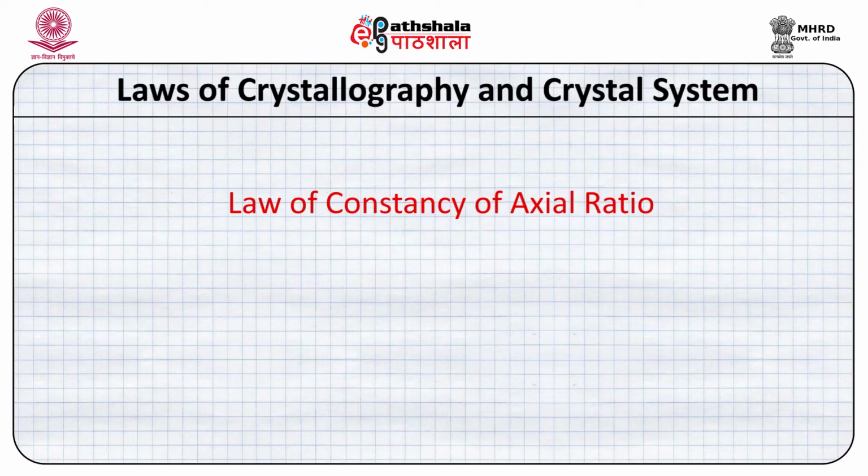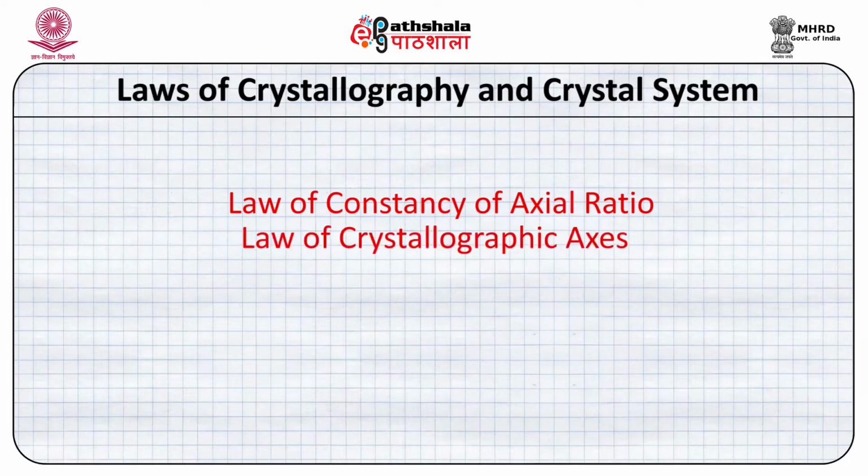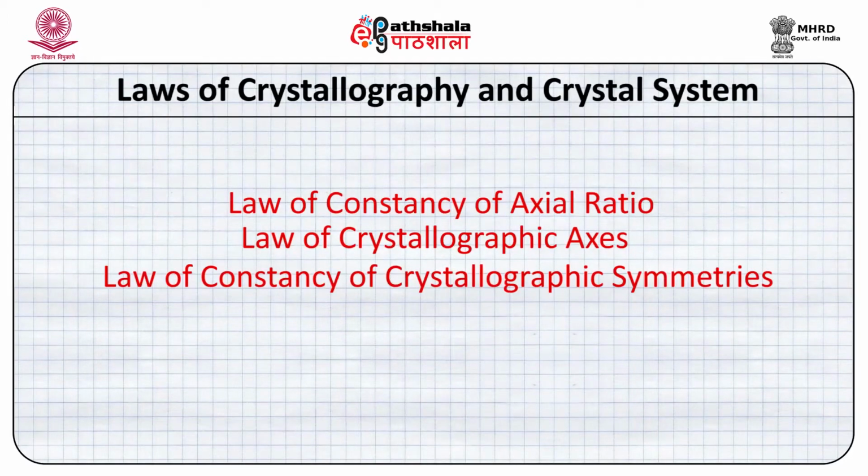One is the law of constancy of axial ratio, the law of crystallographic axis, and the law of constancy of crystallographic symmetries. The law of axial ratio says that for a given mineral, the axial ratios of the different crystal forms acquired by that mineral will always remain constant.